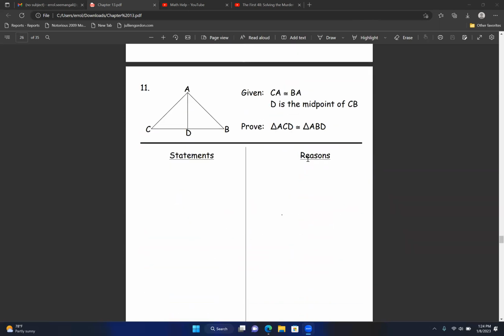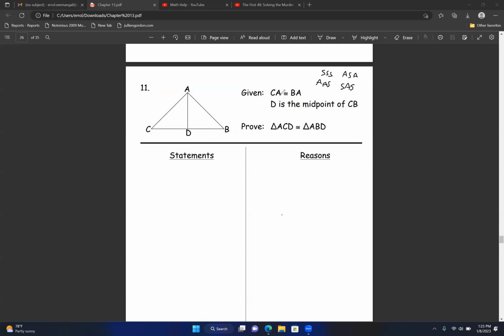11. Okay, so take a look at 11. Tell me which one of the four you think it'll be. SSS, ASA, AAS, or what's the other one? Side angle side, right? SAS. Which one of those four?